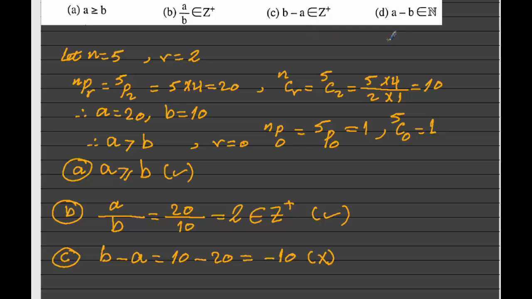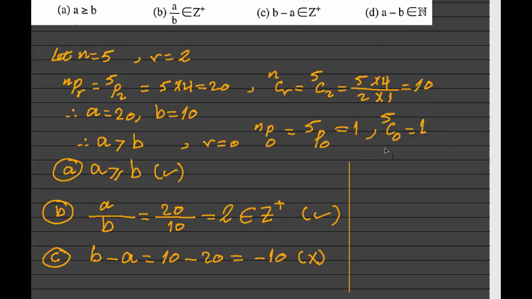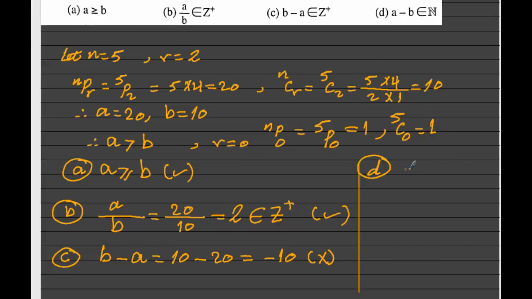With respect to D, here A minus B equals 20 minus 10, so the result equals 10. It is a right statement, correct statement.